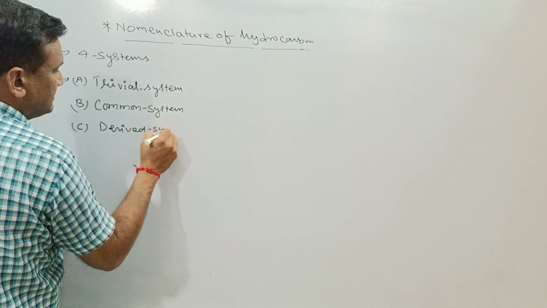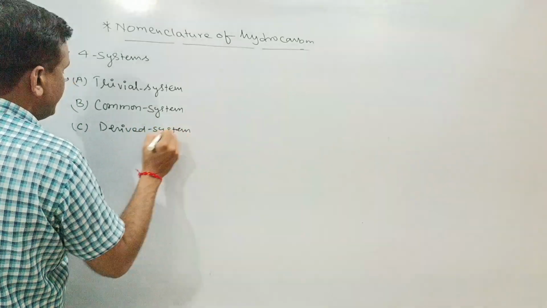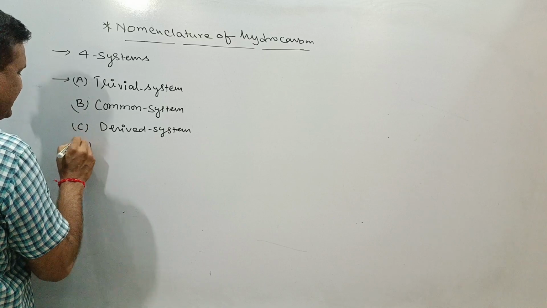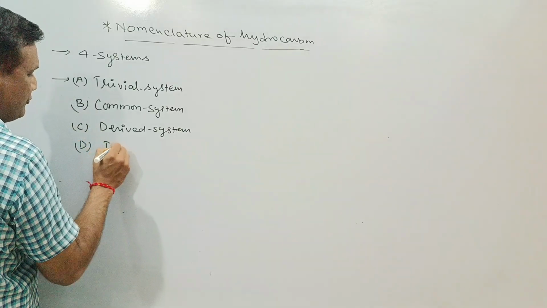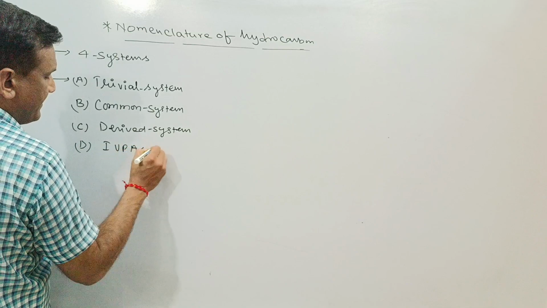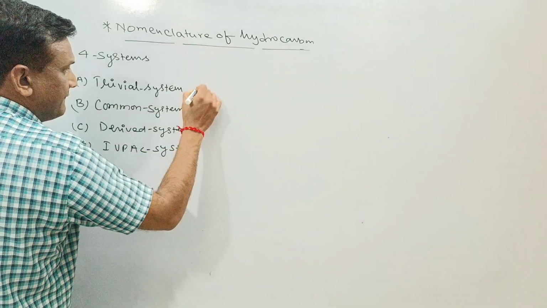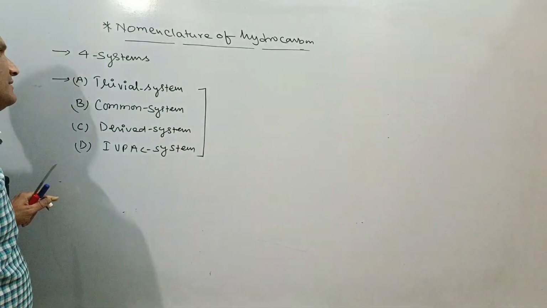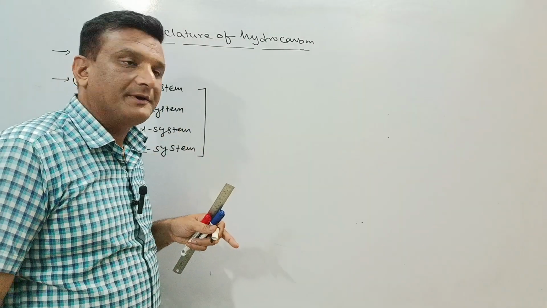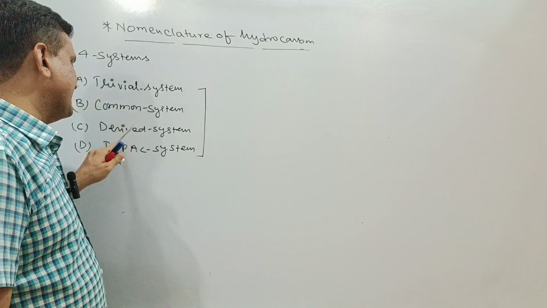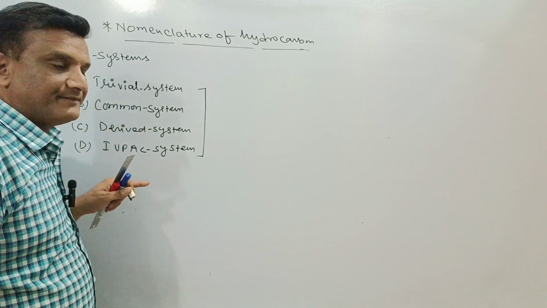And D part is your, you can say, just IUPAC system. So there are four systems for the nomenclature of just hydrocarbon: trivial system, common system, derived system and IUPAC system.